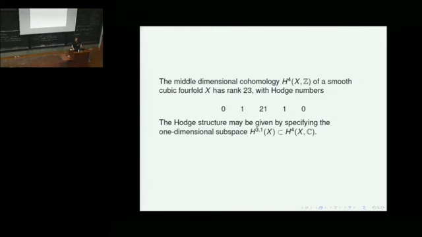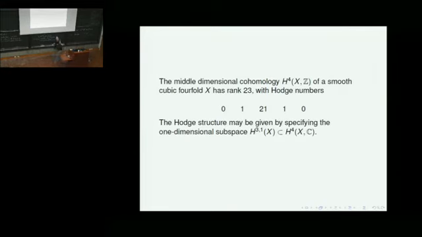Now notice that the dimension of the first and last Hodge groups, H^{3,1} and H^{1,3}, in particular H^{3,1}, is just one-dimensional.